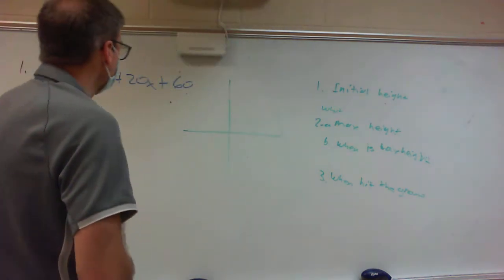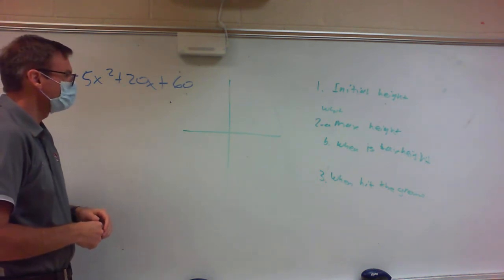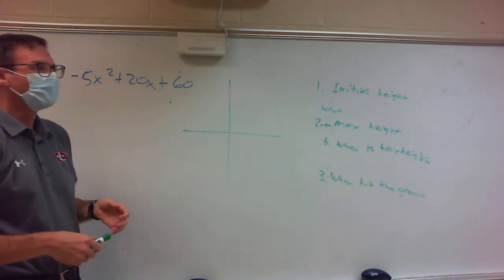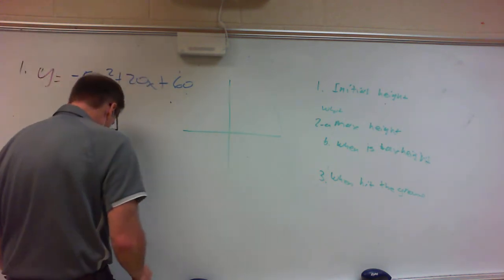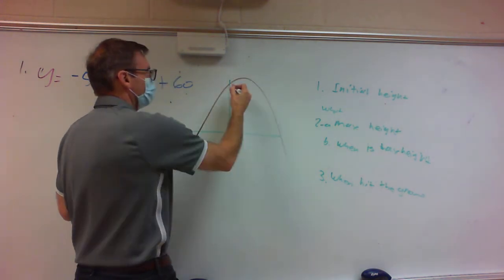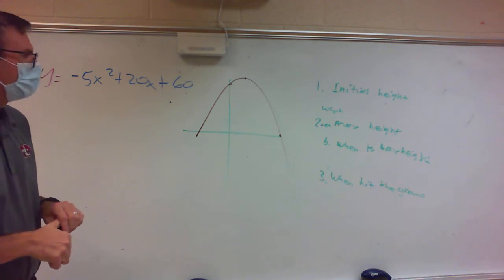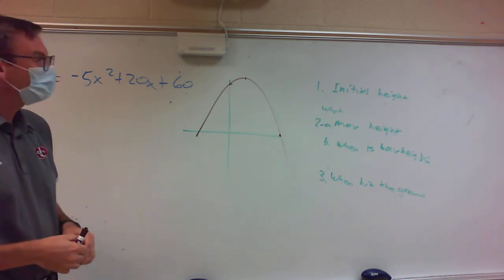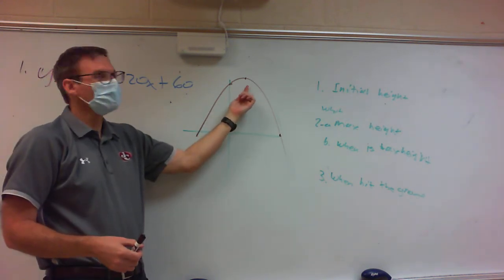All right. So this one looks just like the other pictures. It's a parabola turning down. We have to find some things. We still have to find all of these parts. My main goal is, I always want to find the vertex first.